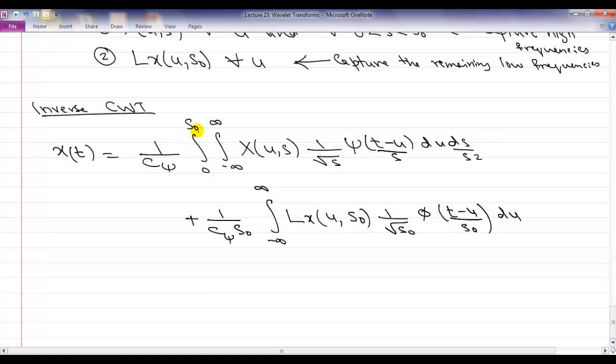And of course, as s naught goes to infinity, this second term will go to 0. Right?